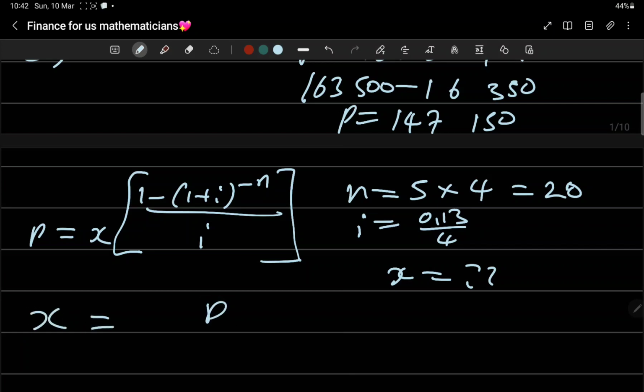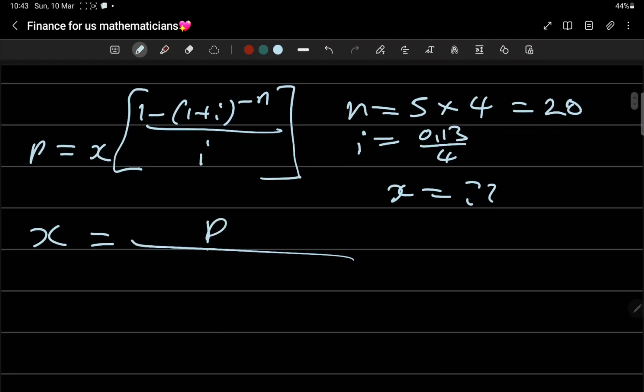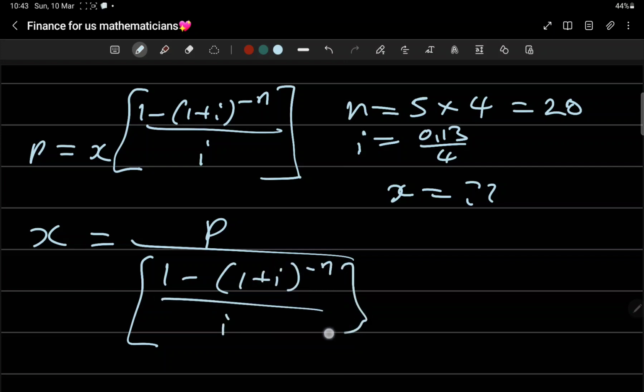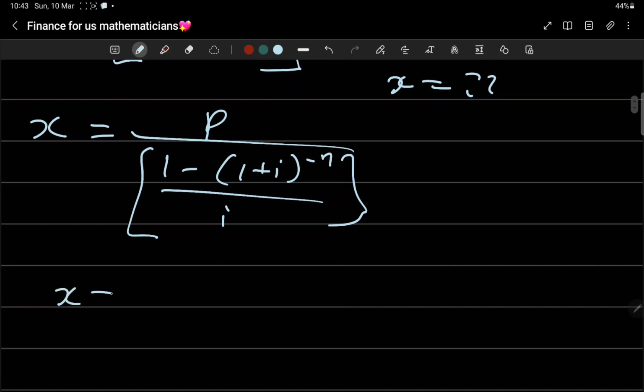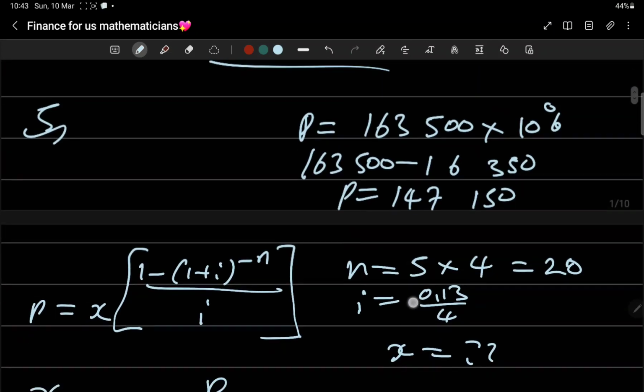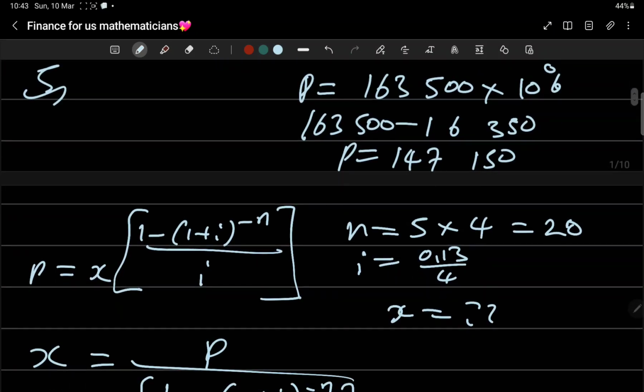X equals P, everything in bracket, divide both sides by it, so it moves from the left to the right: 1 minus 1 plus I to the negative n, everything over I. X equals, what is the loan? P. This is the loan.